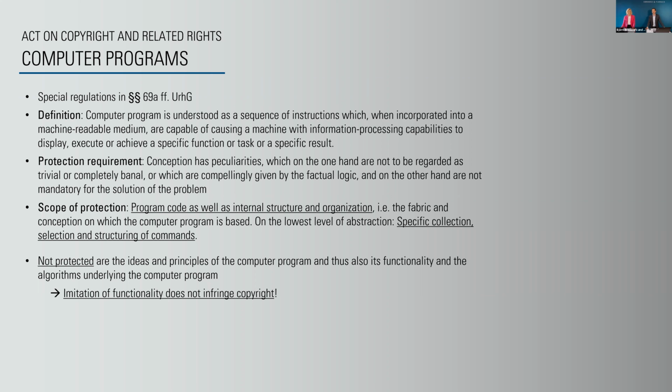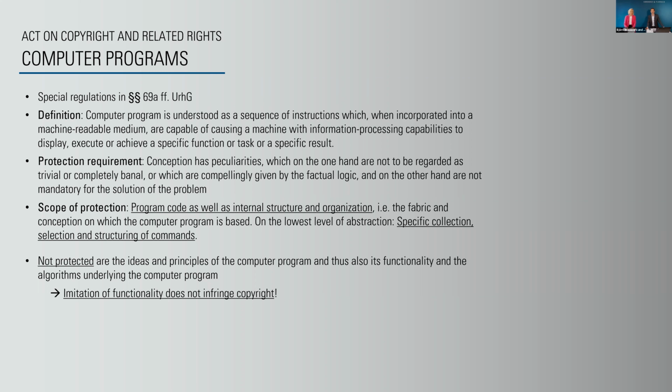So it's the idea that computer programs shall basically be capable of protection, and so only very easy programs, which everybody would make in the same way, are not protected, but all other programs are basically protected.